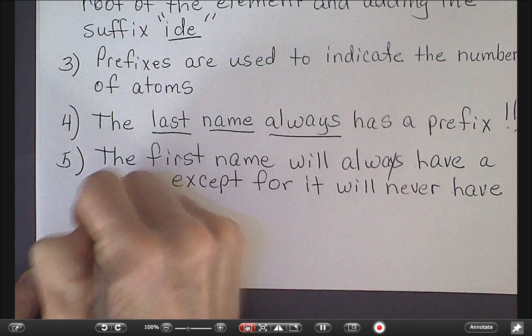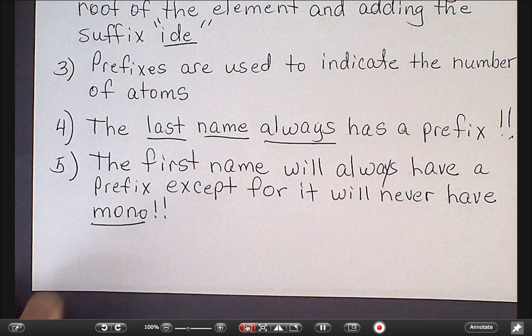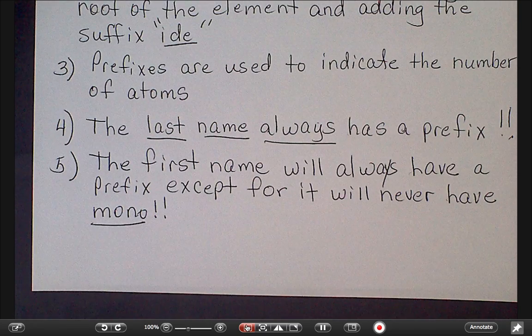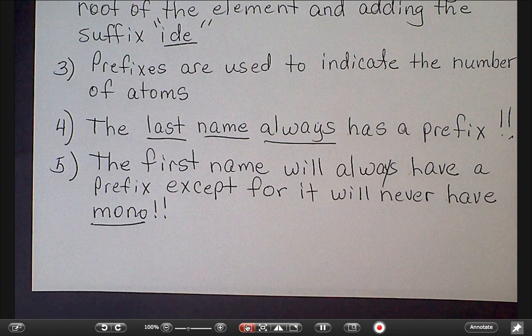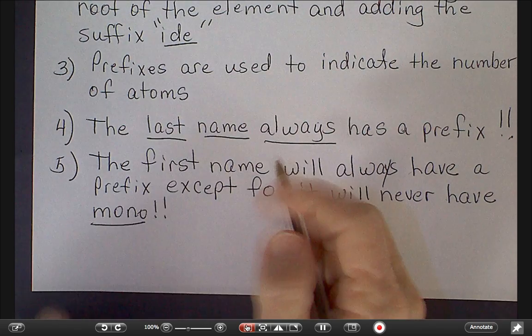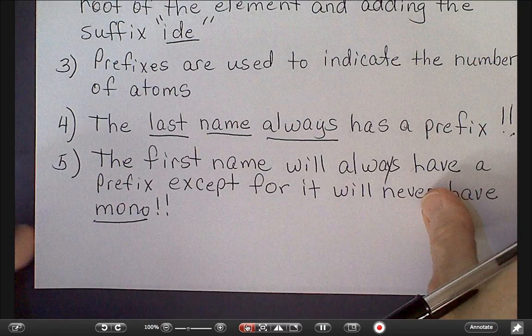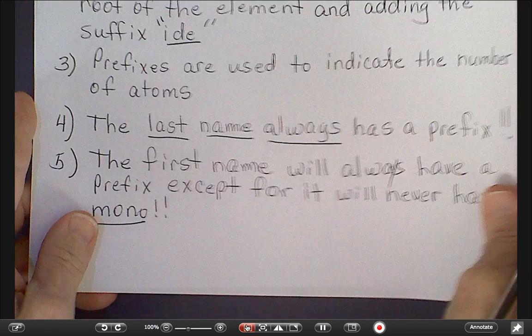If there's not one, it's just mono. See, mono is one, but the first name will never use mono. So if it's just one of the element, it'll just be the element name, like sulfur, not monosulfur. Okay? All right, now, our prefixes and numbers of atoms.